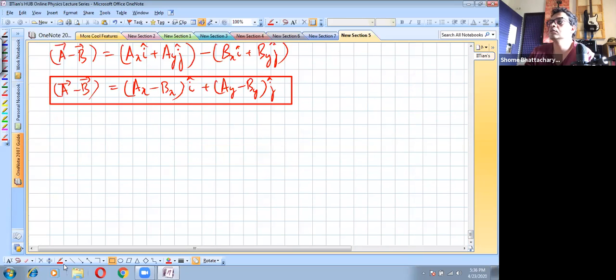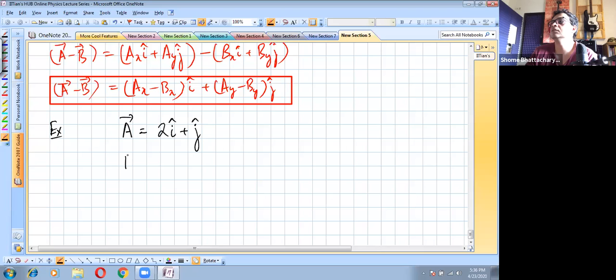Okay, now let's tackle a quick question first using this. So suppose the vectors are given like this. The vector a is, let us say, 2 i cap plus j cap.